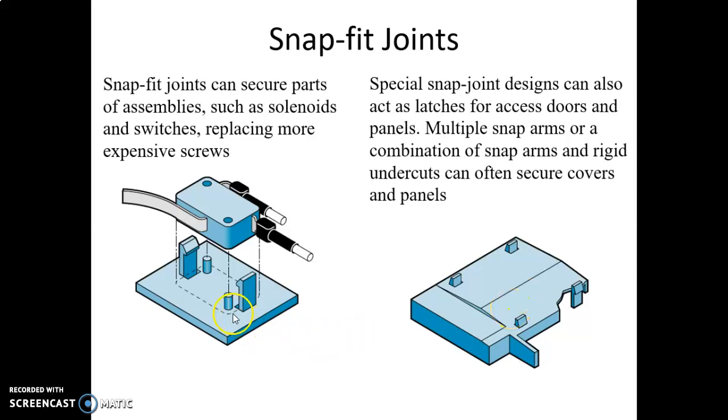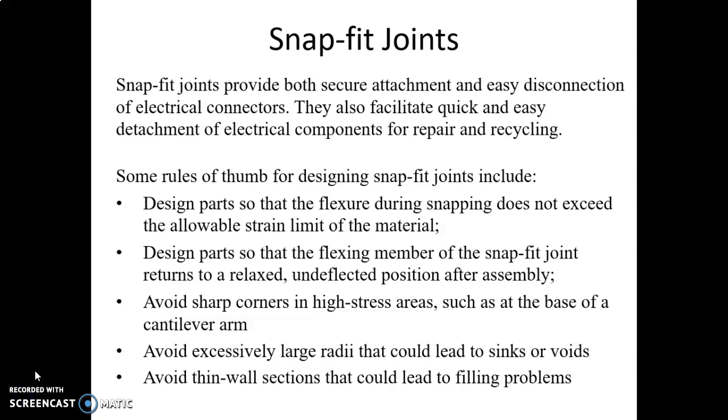This one is the positioning post and snap arms that eliminate screws and speed the process of assembly. Snap fit joints provide both secure attachment and easy disconnection of electrical connectors. They also facilitate quick and easy detachment of electrical components for repair and recycling.